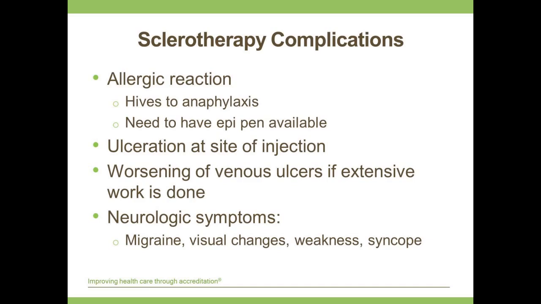It is unclear if this is just because there are more surface veins injected with the foam, so it's a more common complication because it's a more common procedure, or if there is something about the injection of surface veins that makes neurologic symptoms more common.